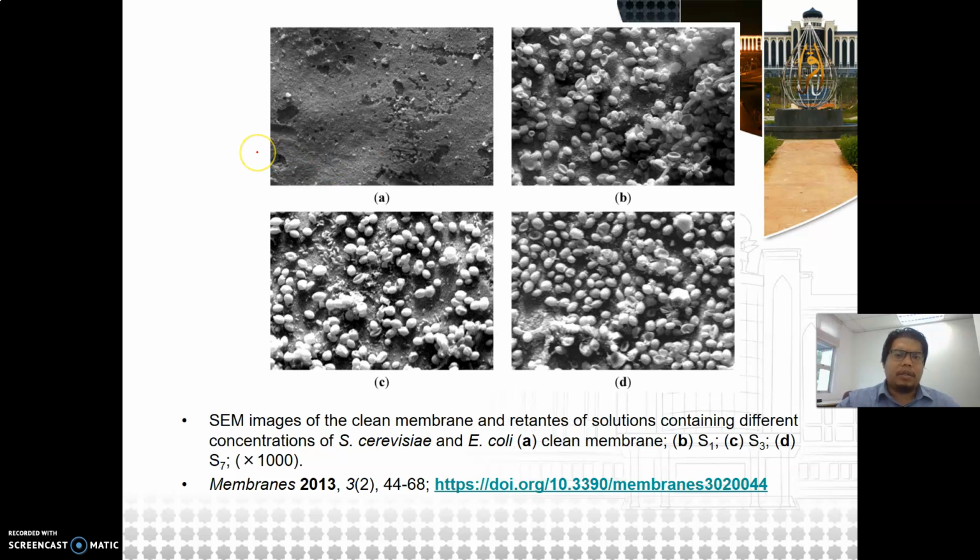Here is another example. This one is a clean membrane, whereas this one has particles that accumulate on the membrane surface, so it will block the membrane, thus making the efficiency decrease.